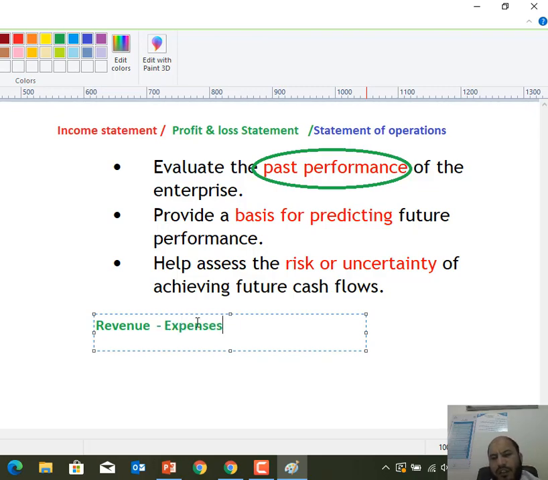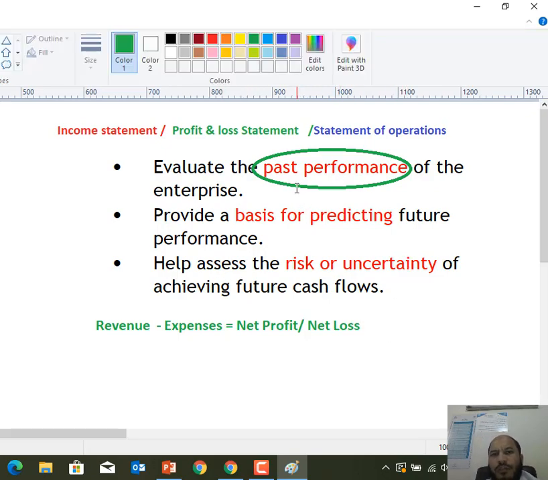This will result in a net profit, or it may result in a net loss. So dear students, we may say that it shows us the past performance.